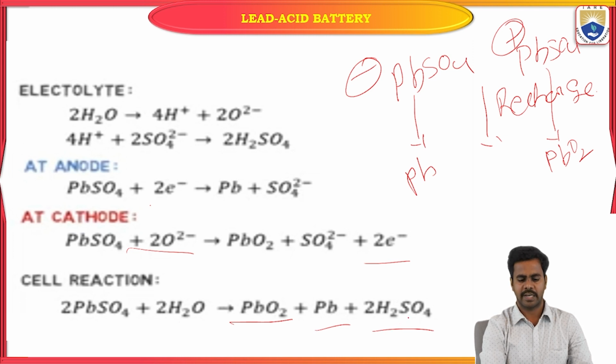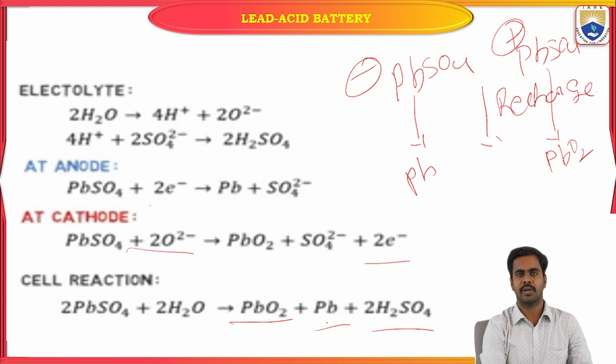So we can observe that during the recharging process, PbSO4, which is deposited at both electrodes, that is at the anode and cathode, is converted into PbO2 and Pb.